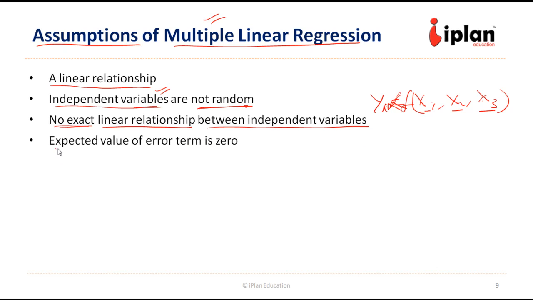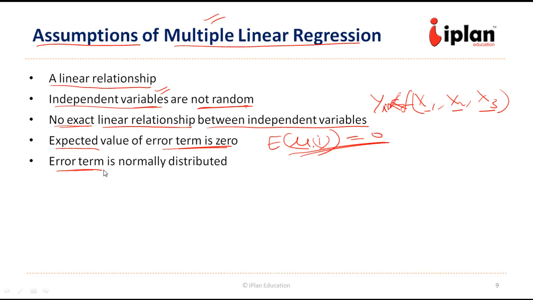Then the expected value of the error term should be 0. We have already seen it, even in the case of simple linear regression, the expected value should be 0. So error should not be biased on either side. Then the error term should be normally distributed. The error term should be homoscedastic. We have already seen that the error term should have a constant variance.